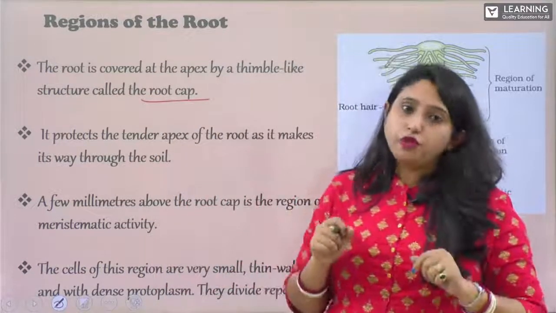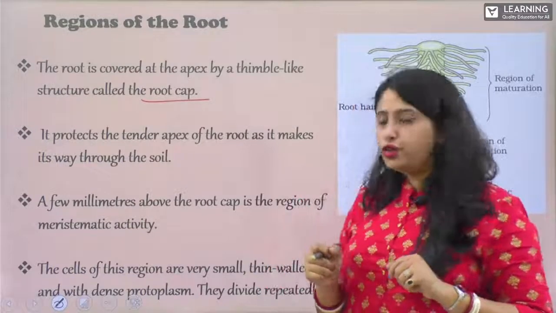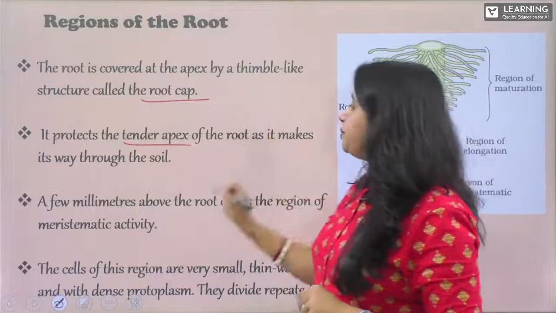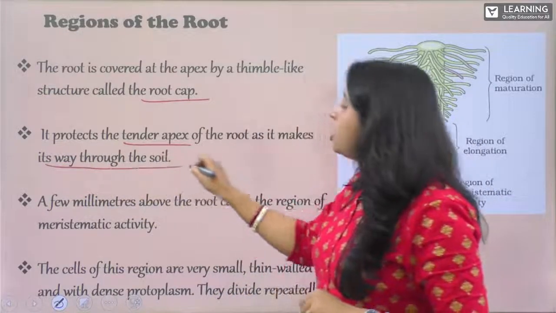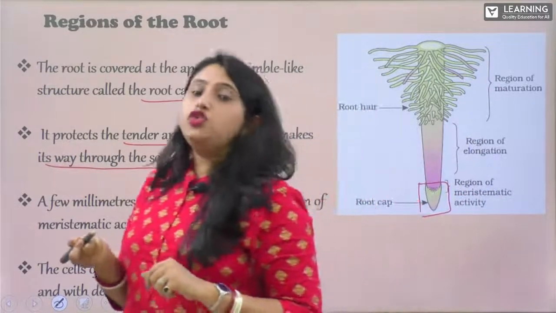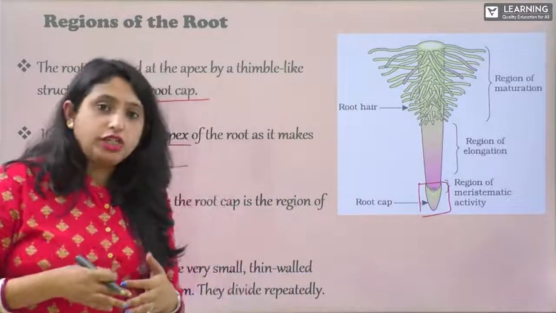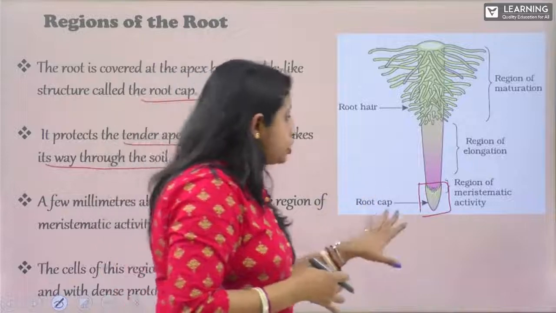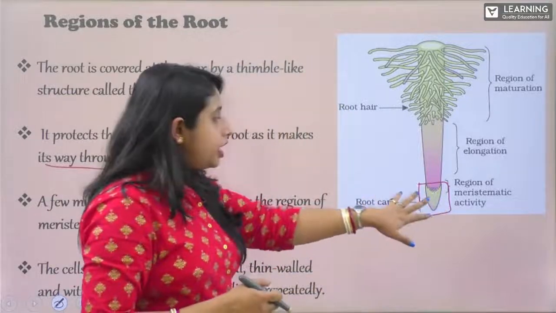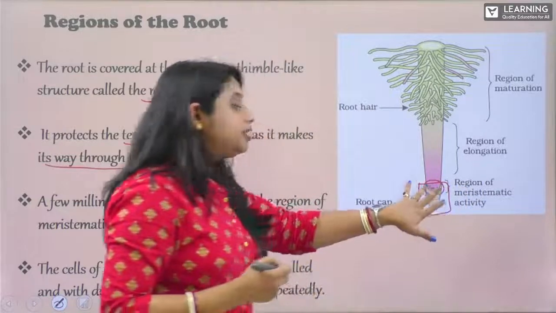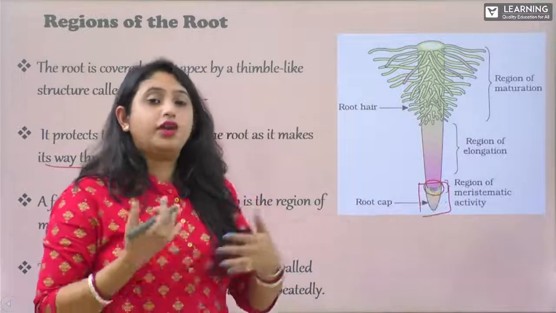The root cap provides protection to the tender apex of the root as it makes its way through the soil. So its main function is to provide protection to the root. Here in this portion, you can see the cells are dividing rapidly.